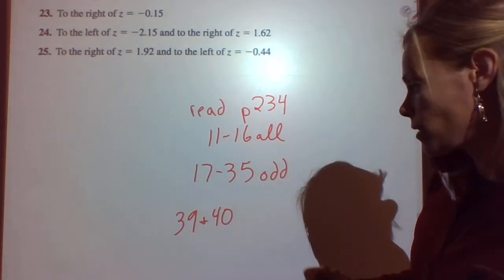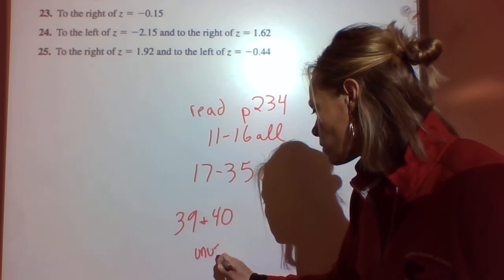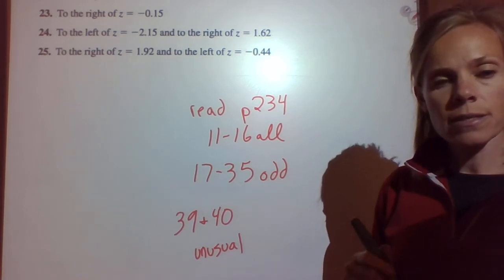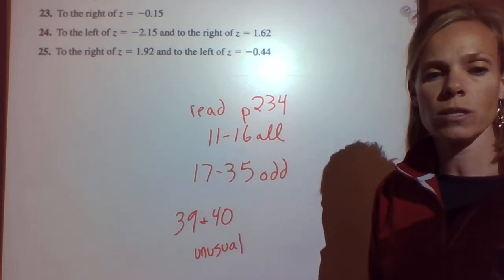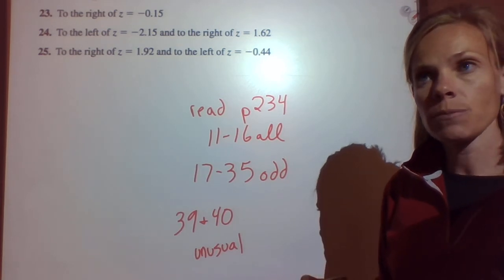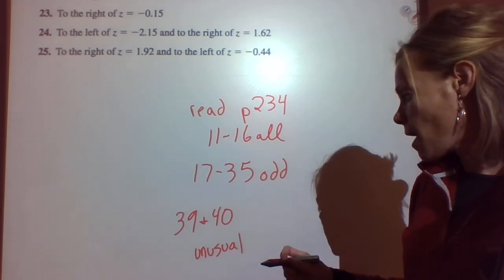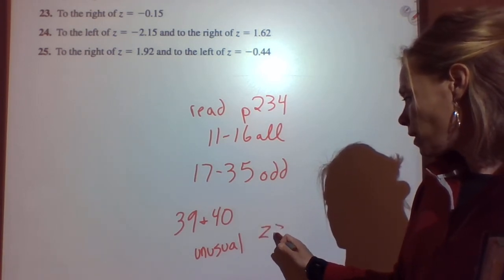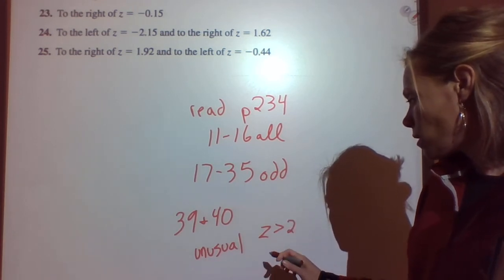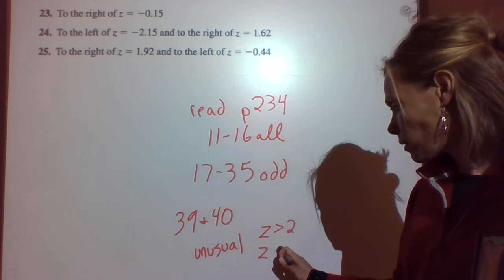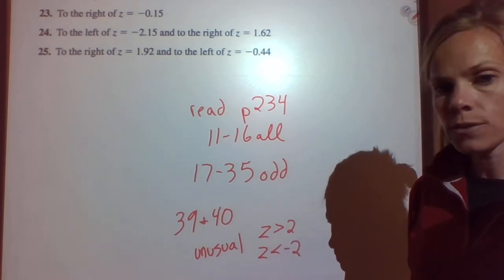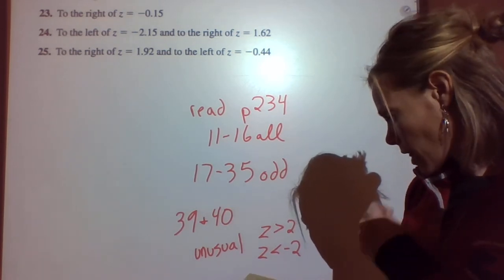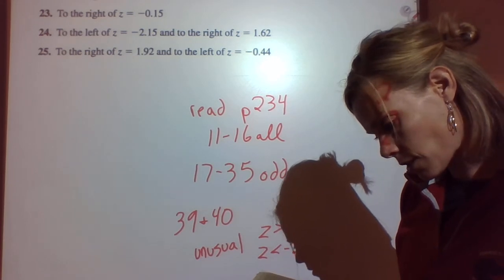And you need to know anything unusual. Anything unusual is less than 5%, or, since we're doing normal curve now, anything more than 2 standard deviations from the mean. So if anything's more than 2 standard deviations from the mean, that means any z-score greater than 2 and any z-score less than -2, right?